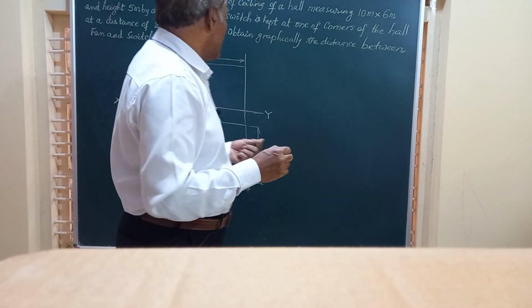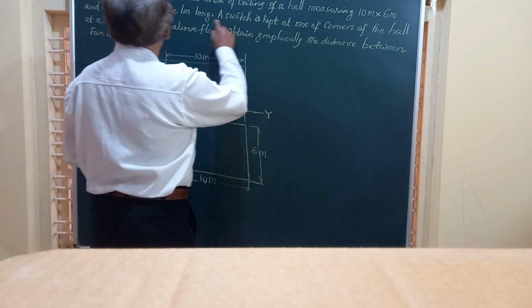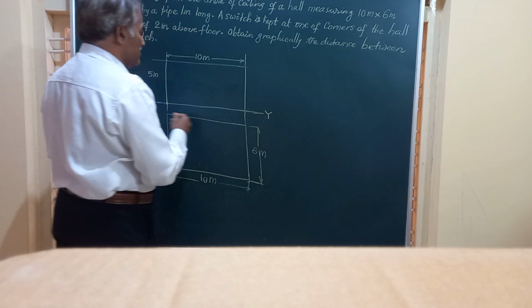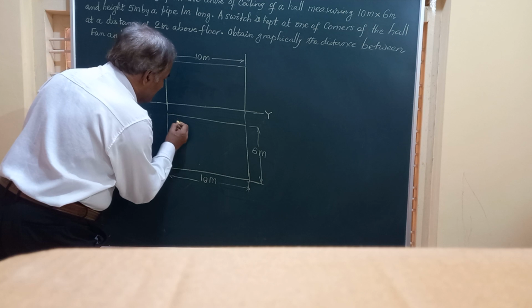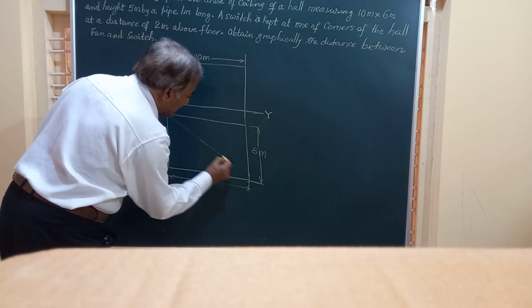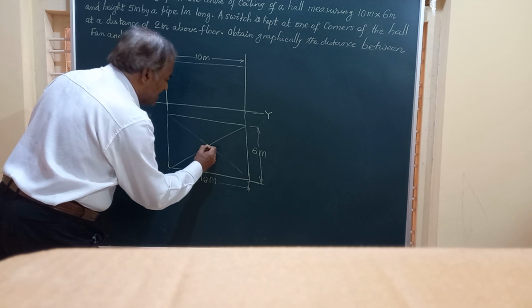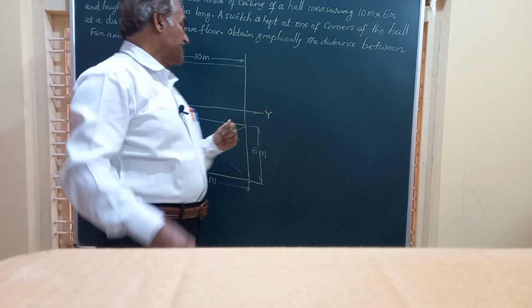So here friends, the dimensions I have marked, and it says a fan is hung from the center of the ceiling of a hall. How to get the center in the top view, friends? If you join these diagonals, you will get the center of that ceiling, that is the roof.